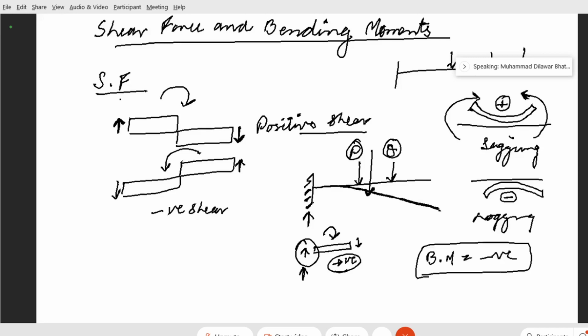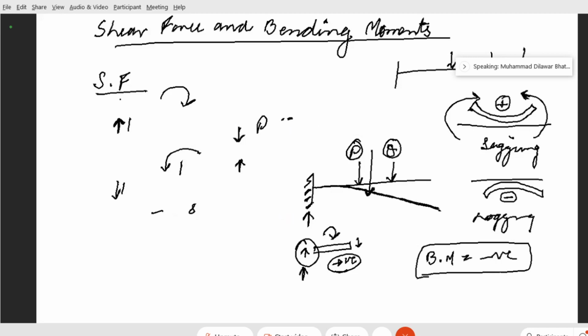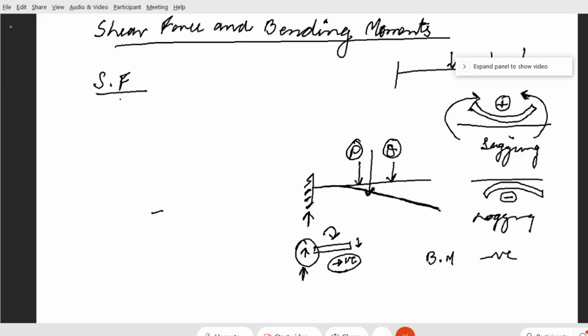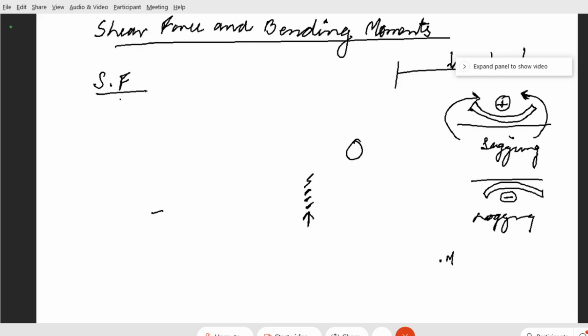Okay, this was the case when we deal with simple cantilevers. Now we have the same cantilever again.